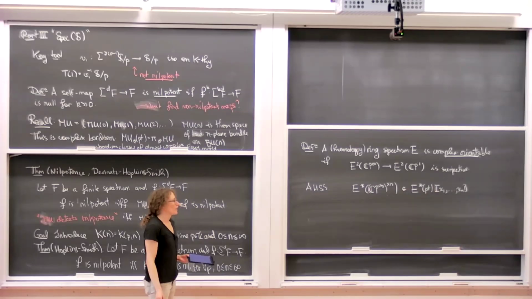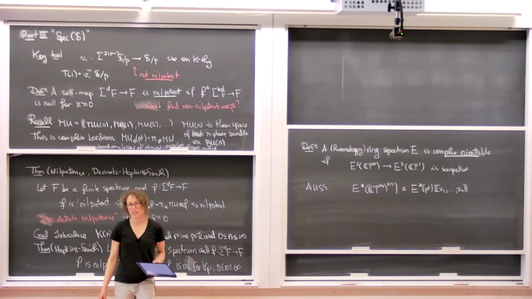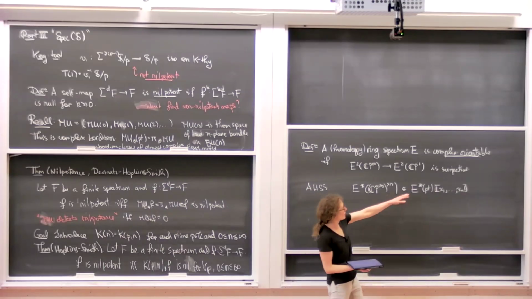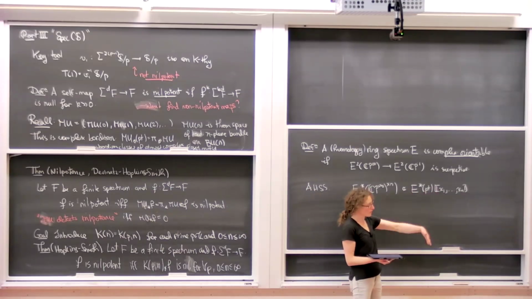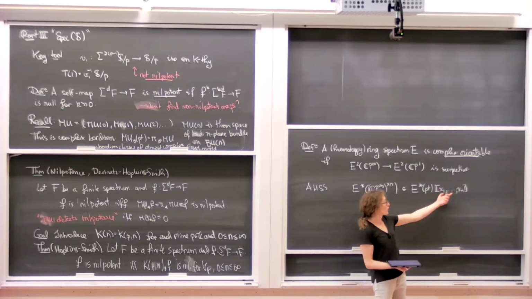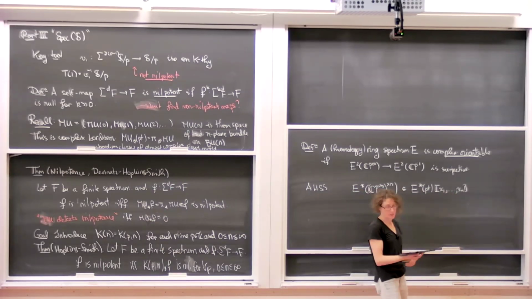The Atiyah-Hirzebruch spectral sequence will collapse, and you're going to solve the extension. When you take an inverse limit in a spectral sequence, that's where the power series is going to come from.